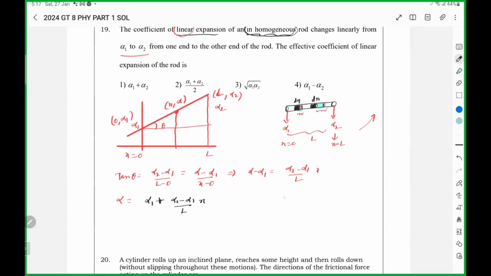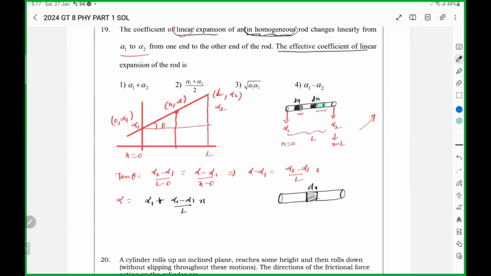Now here, the effective coefficient of linear expansion. We don't know at which strip how it changes.